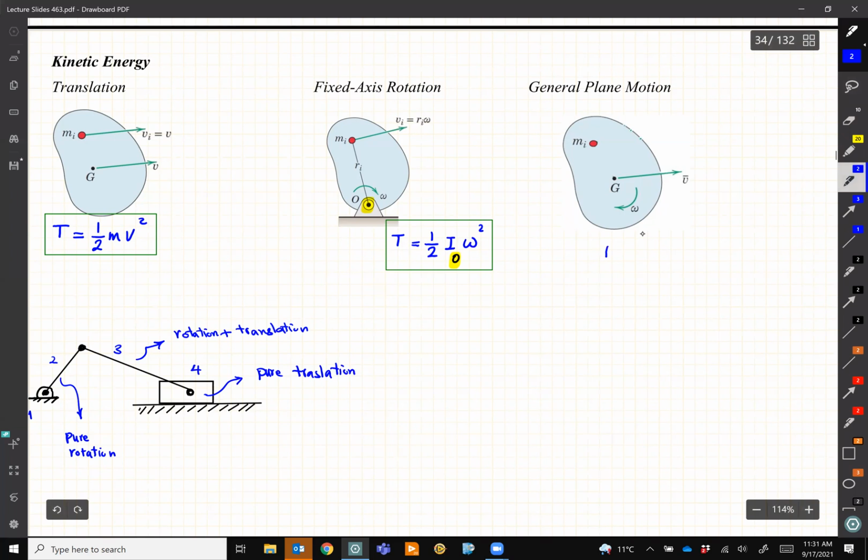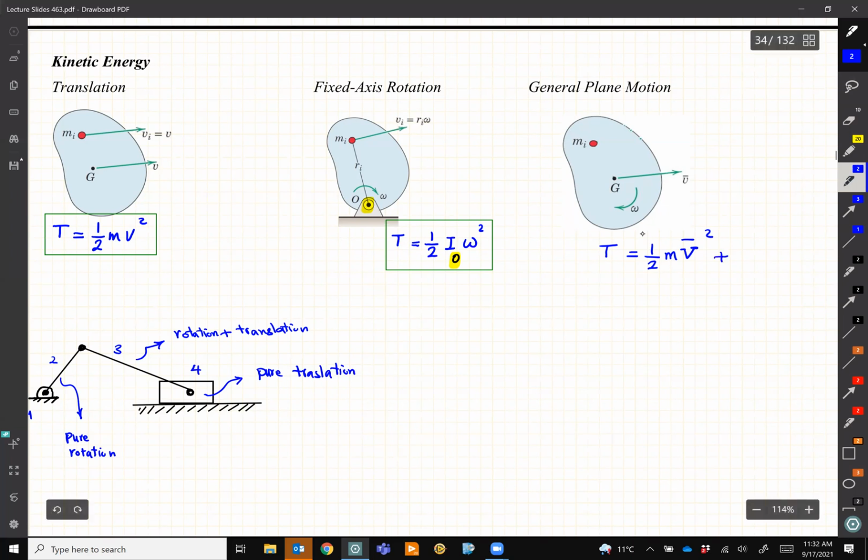So we write T is half of m v bar squared. It must be the velocity of its center of gravity, because this mass also has rotation, so the velocity at different points is going to be different.